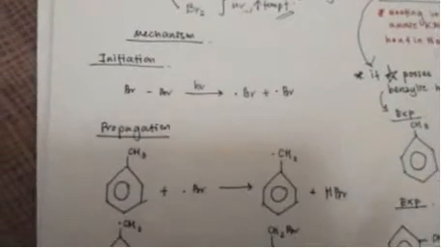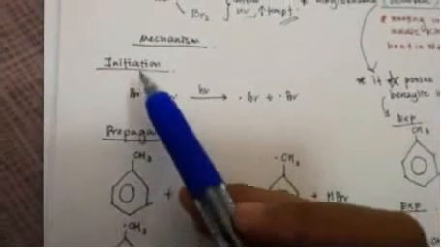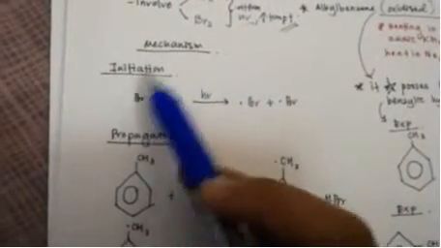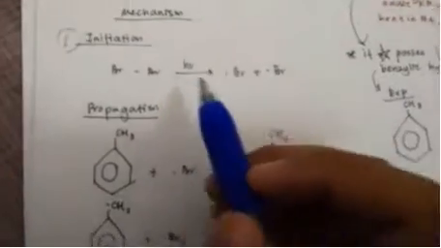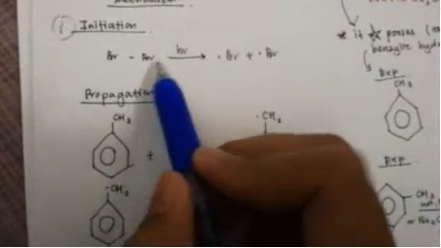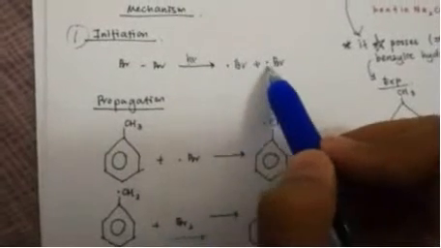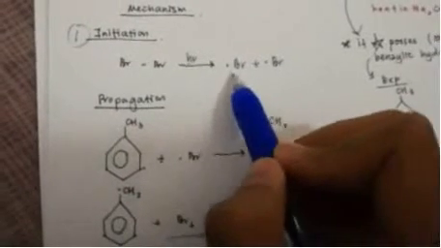And for the mechanism, just like the previous lesson, the first one is the initiation process, where bromine undergoes a process in the presence of ultraviolet rays, forming two free radical bromines.